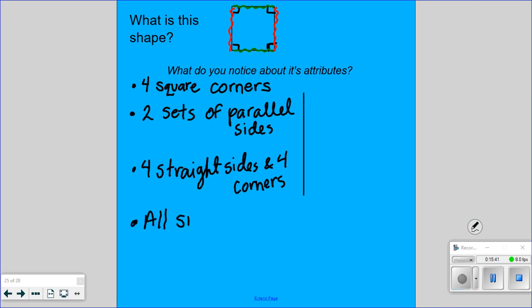All sides are the same length. That means if one side is 5 inches long, the other side is 5 inches long, and the other side is 5 inches long, and the other side is 5 inches long. All of those sides are the exact same length.